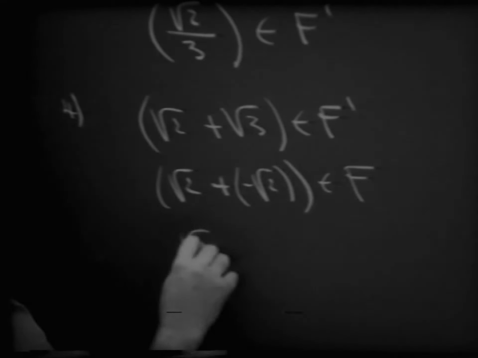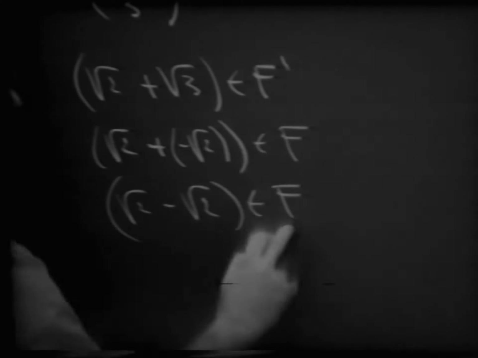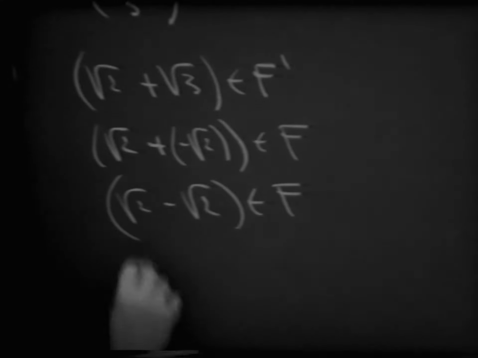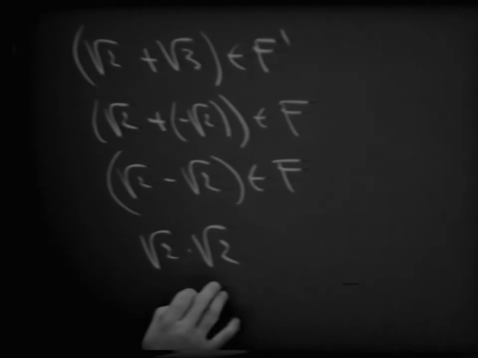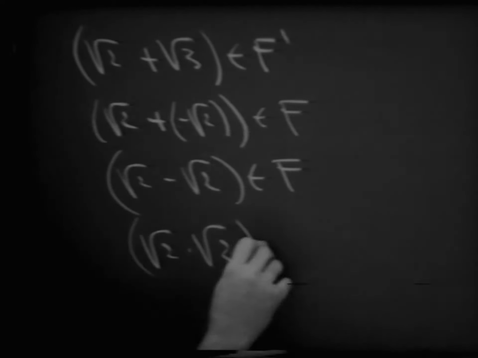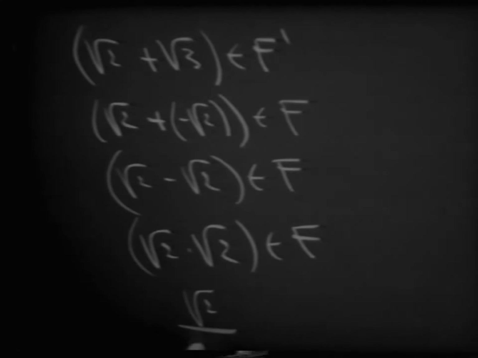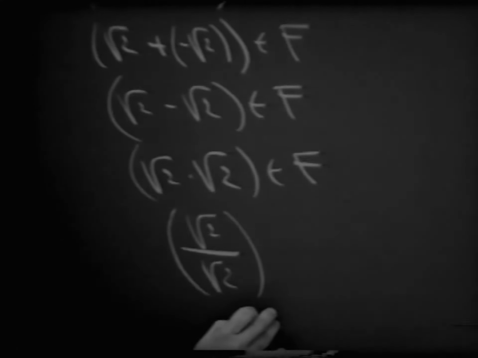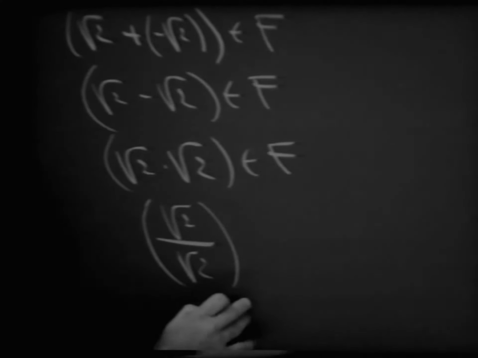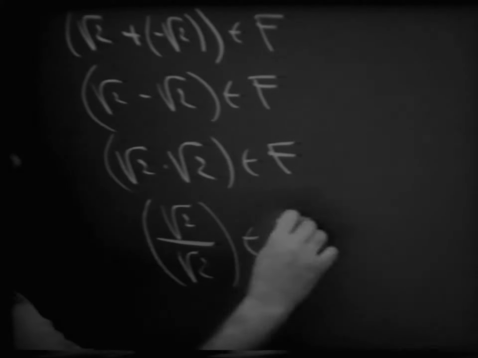Similarly, if we were to take root 2 minus root 2, this certainly is a rational number. If we were to take, say, root 2 times root 2, here we have the product of two irrational numbers, which in this case is 2, which is certainly a rational number. And if we were to take the square root of 2 divided by the square root of 2, we know that this is equal to 1, and therefore it belongs to the set of rational numbers.